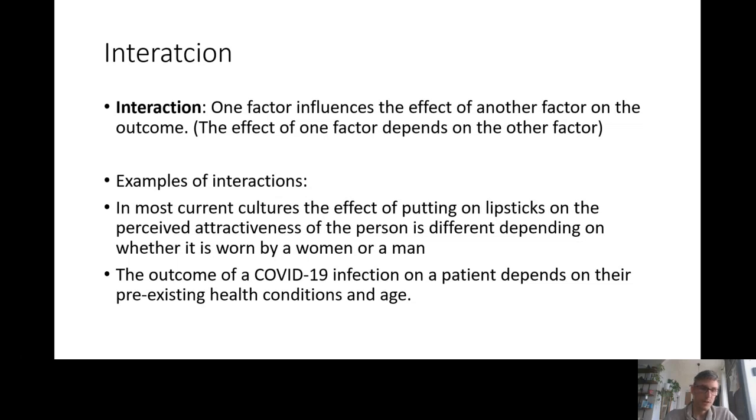But if you have certain pre-existing health conditions, your chances would go up more than if you just consider one or the other. So there is an interaction between two factors here.